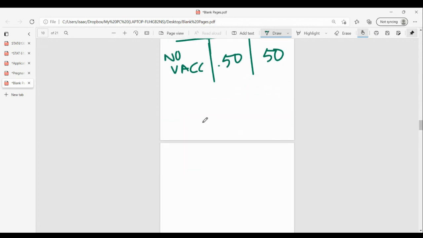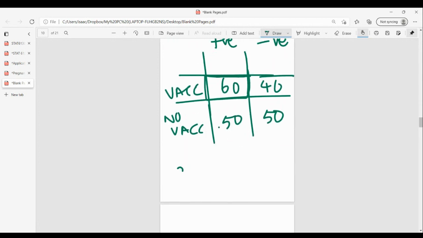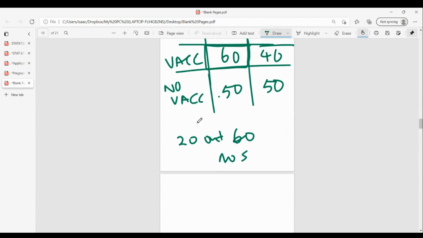So the doctor might come away saying that 20 out of 60 that were vaccinated show no symptoms or were asymptomatic, and maybe 10 out of 50 were asymptomatic as well.